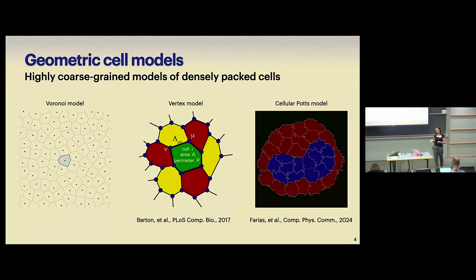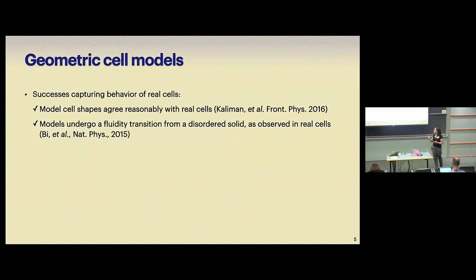They throw out a lot of the biology, but they have had some successes in capturing the behavior of real cells. In particular, one good starting point is that the shapes of the cells, particularly in these polygonal tilings, do actually agree fairly well with the shapes of real cells.